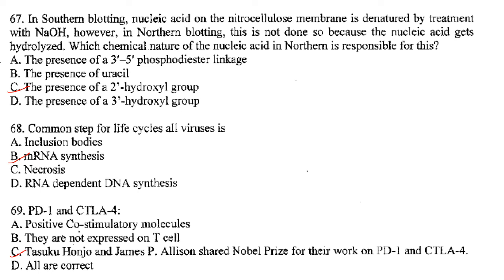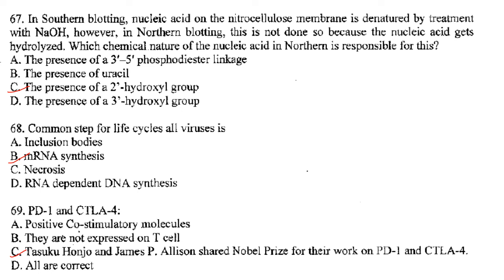So, northern is used for detecting specific RNA molecules from among a mixture of RNA, whereas southern is for detecting DNA. Now the RNA has a 2' OH group, and this hydroxyl group makes RNA less stable than DNA because it is more susceptible to hydrolysis. So the answer here is option C, the presence of 2' hydroxyl group.